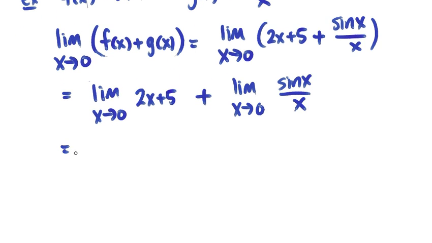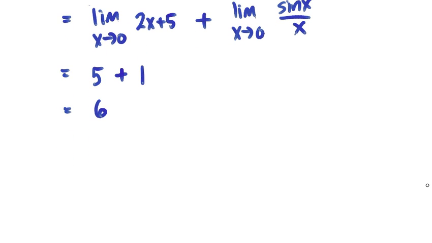The limit as x approaches 0 of 2x plus 5, we saw this one last day, something similar using a numerical approach. This one is equal to 5, and using a graphical or numerical approach, sine x over x gives you 1, and so the answer to this is 6.